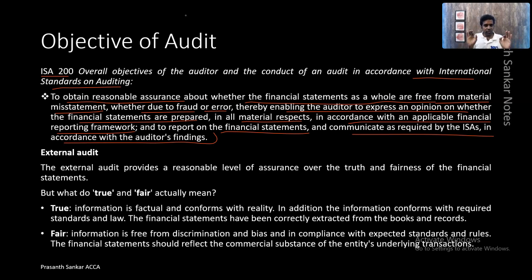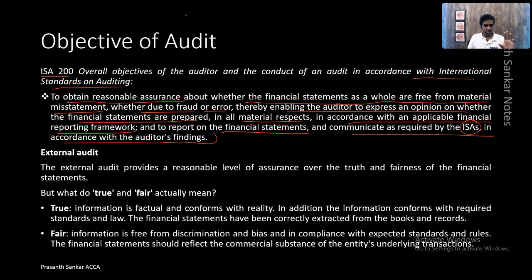So ultimately, you need to understand that the primary objective of an auditor is to express an opinion. To whom? To the user. And who is the user? The shareholder. And what is the subject matter? The financial statements. And on what criteria are we following? The International Standards on Auditing. Using the standards, the framework as well as the various processes involved, we identify the findings and communicate to the shareholders.